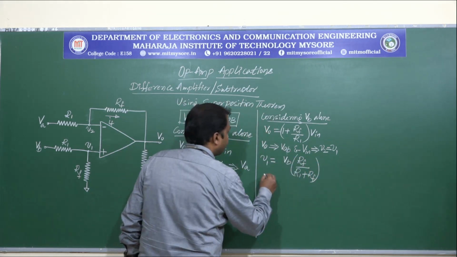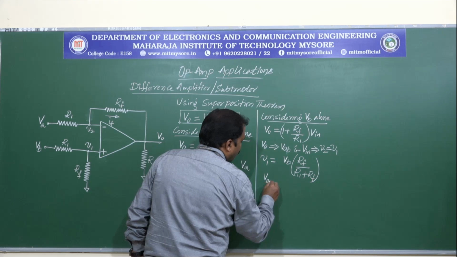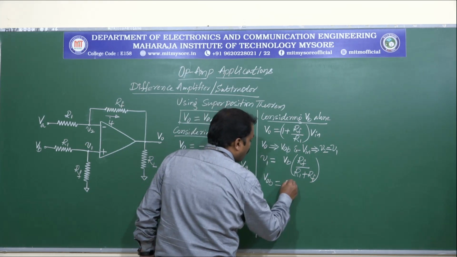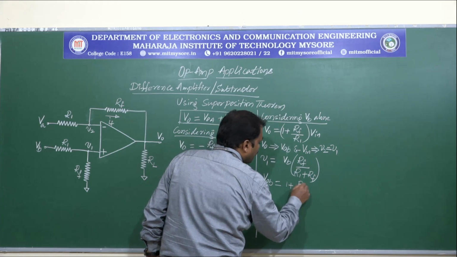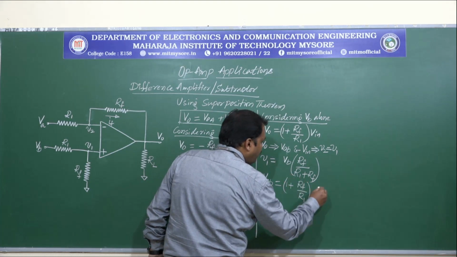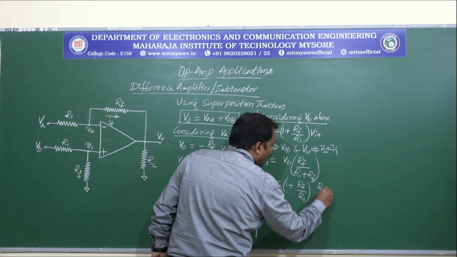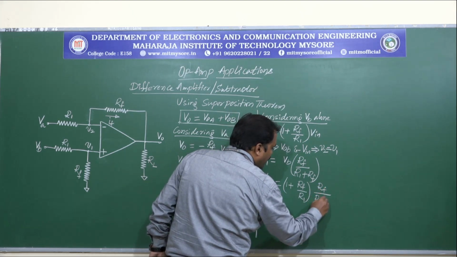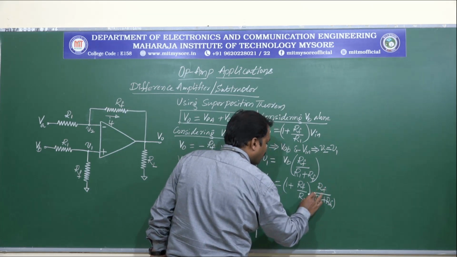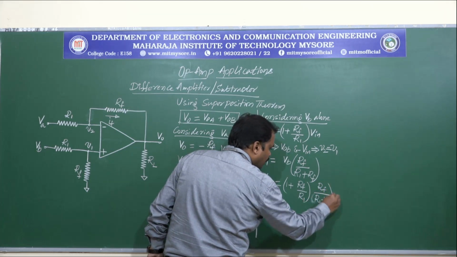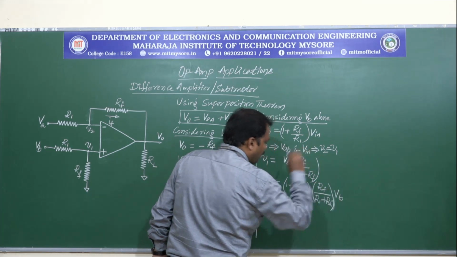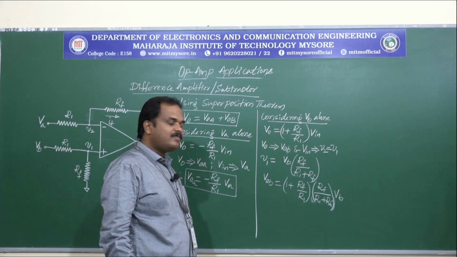So that V0B will be equal to 1 plus RF by R1 into RF by R1 plus RF into VB, right?